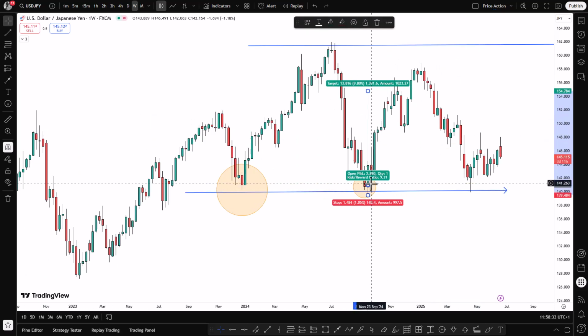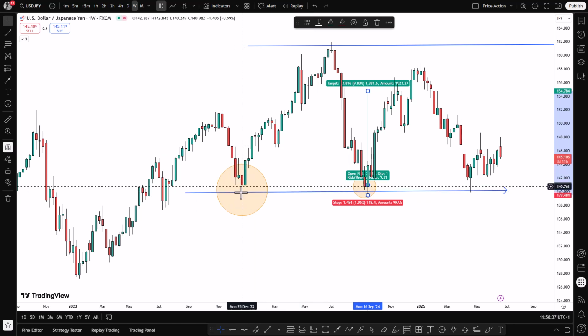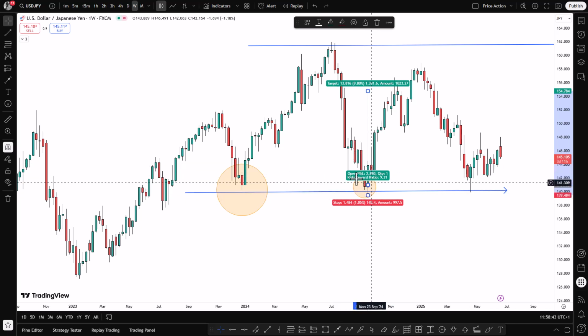Okay, so in this case, you can see this was the weekly chart that we identified the area of reversal here using the weekly chart. And then when price revisited that area, we saw a market structure shift, a market structure change on the lower time frame.